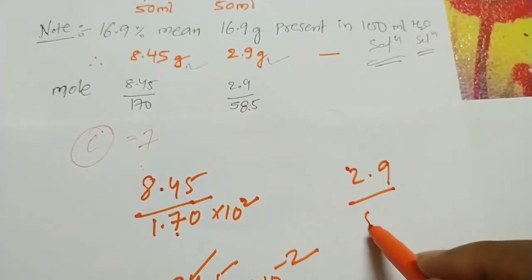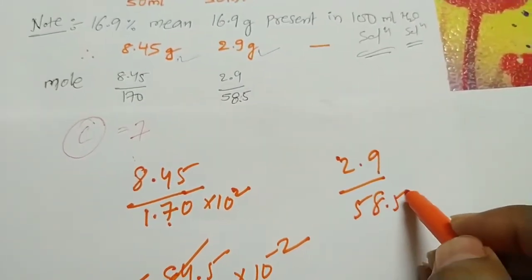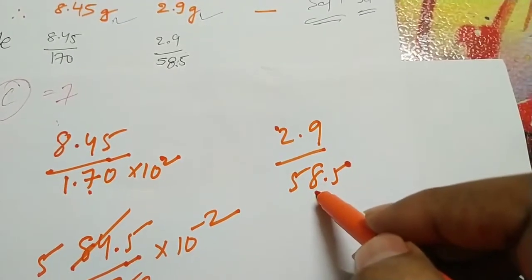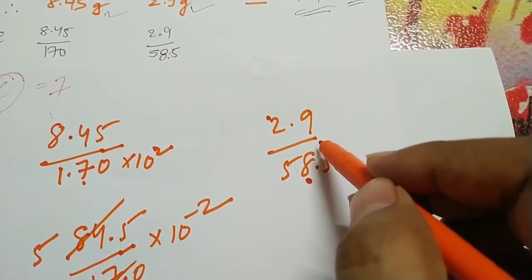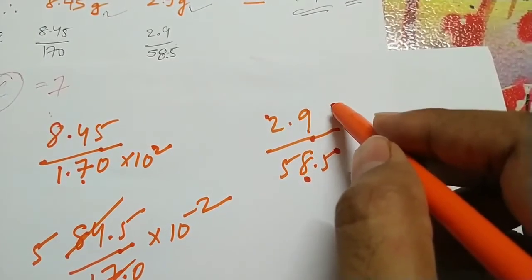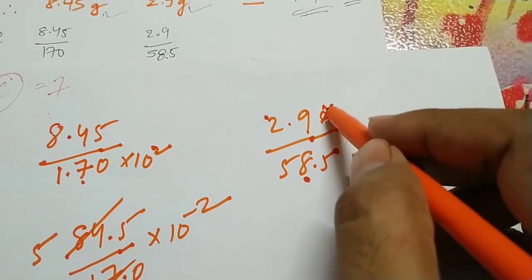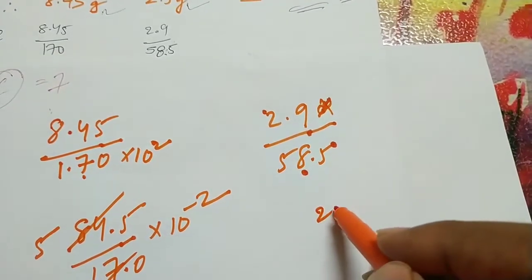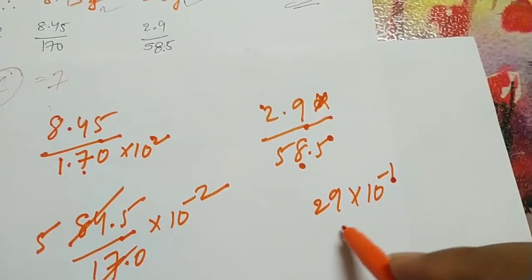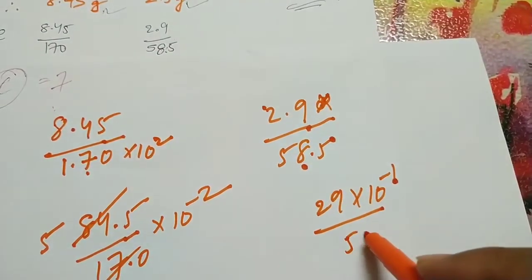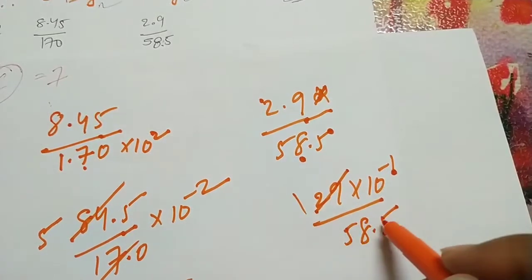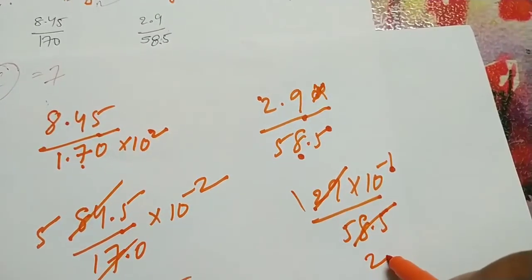Now if you come here, the second value, 2.9 upon 58.5. In this case, see 29 and 58, 2 twos. Then you can write the next step: 29 into 10 power minus 1 upon 58.5. See 29 ones are 29, 29 twos are 58.